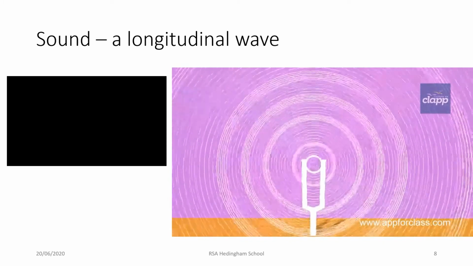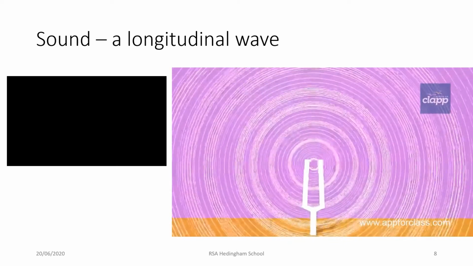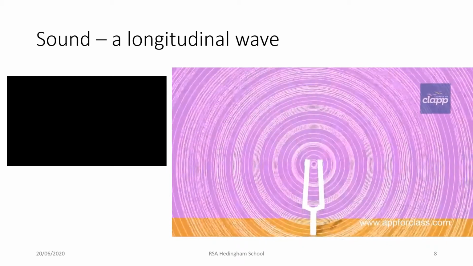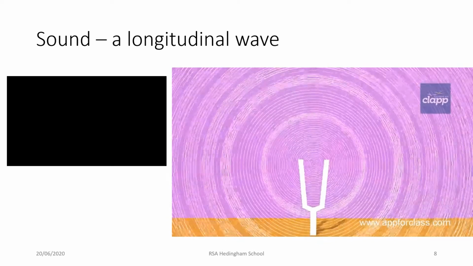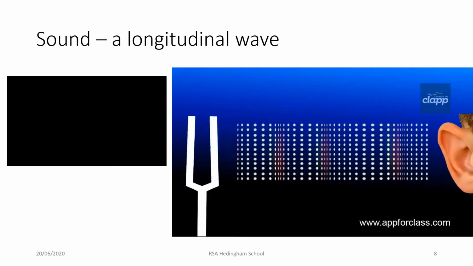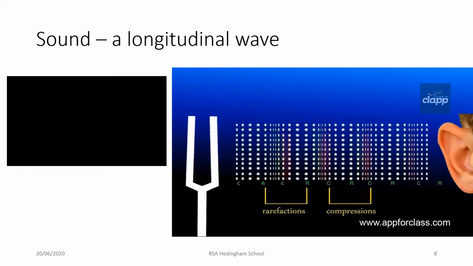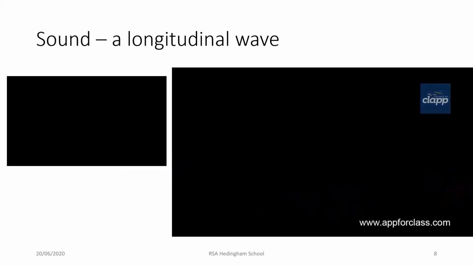And you can see that there are rings there where air particles are close together, and there's spaces between them where the air particles are further apart. These are actually called areas of compression and rarefaction. Compression is where the particles are close, and rarefactions are where they are spread out.